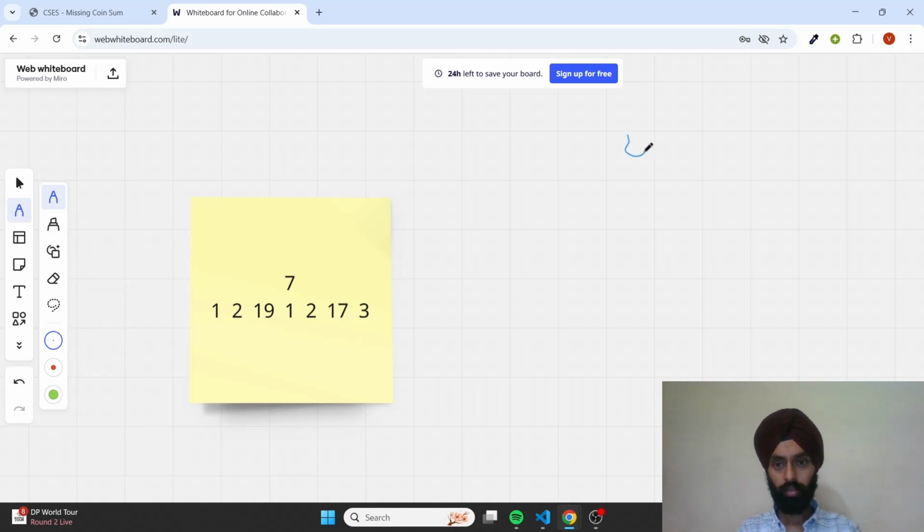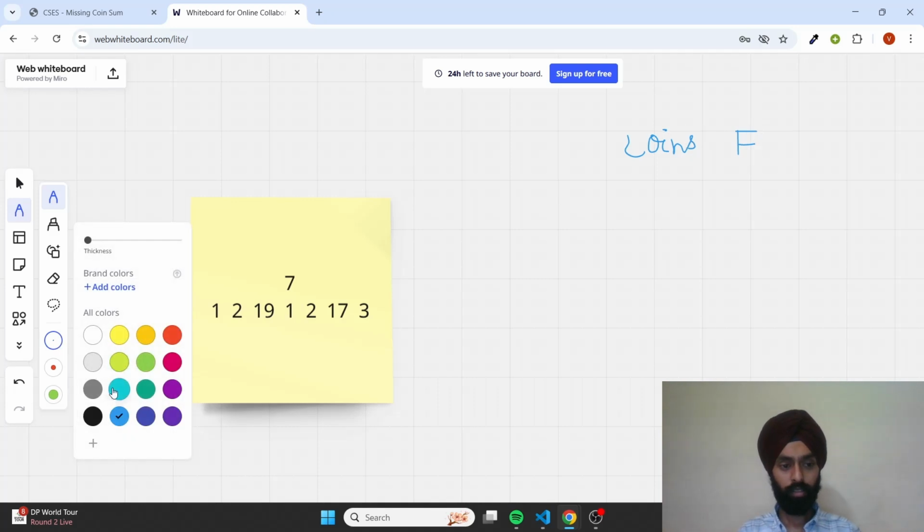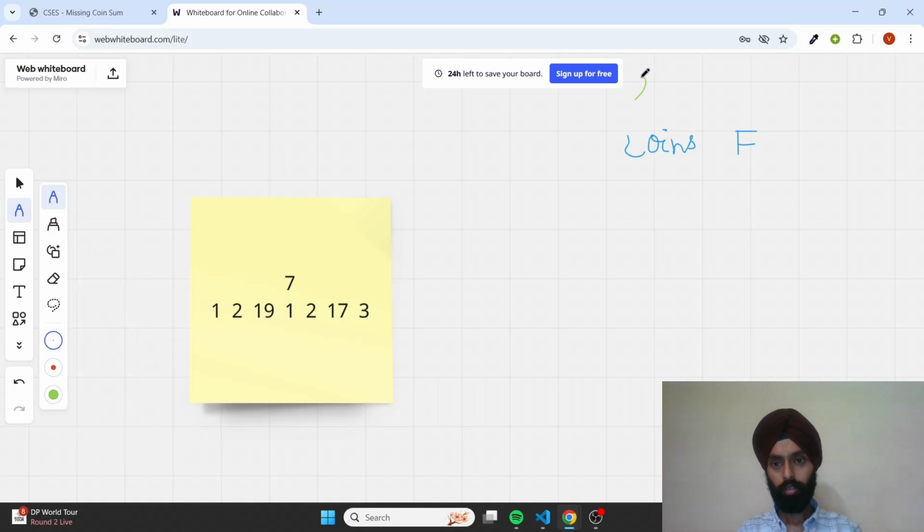So we have these coins, and let's say this is their frequency, and then let's have another variable which is the largest payable amount. Initially your largest payable amount is 0. We can pay 0 without using any coin.